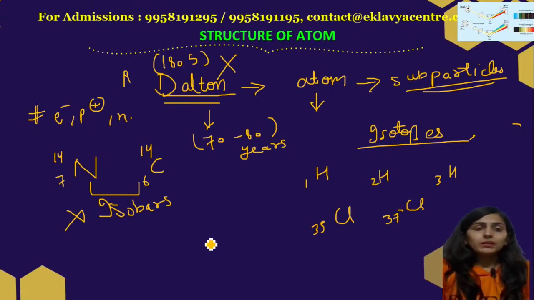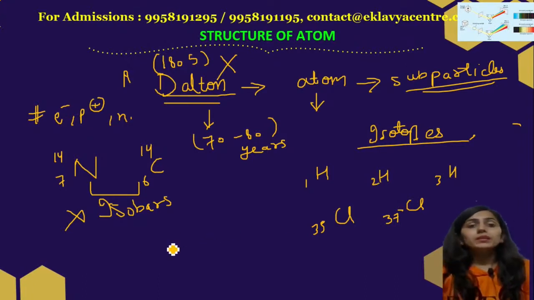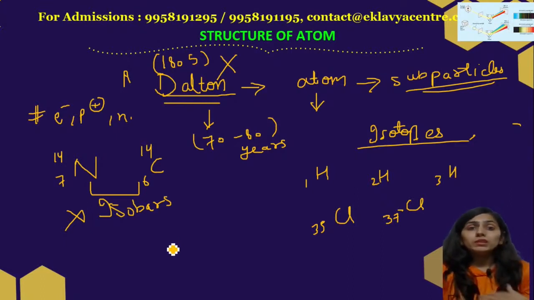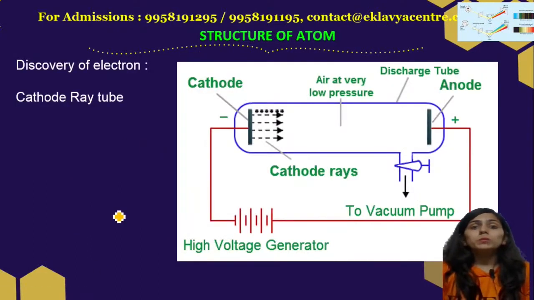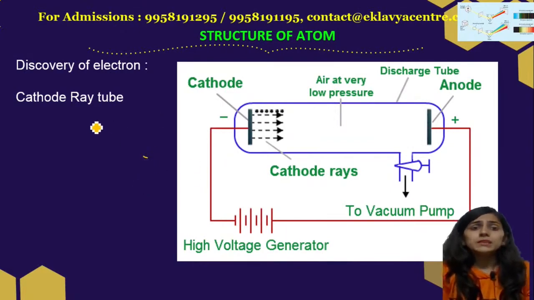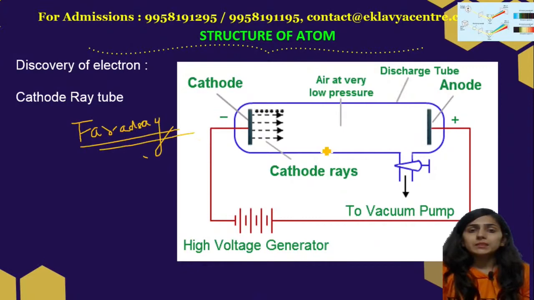The era came where the cathode ray tube experiments became very famous, and the discovery of electron first took place in the cathode ray tube experiment. This experiment was conducted by Michael Faraday. You must have heard about Faraday, a very famous scientist.